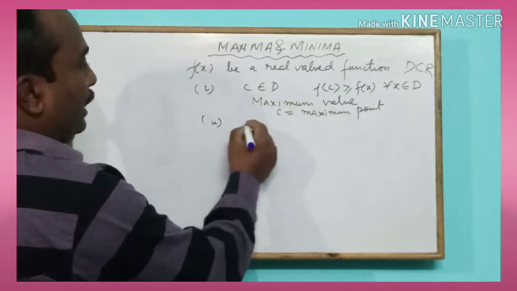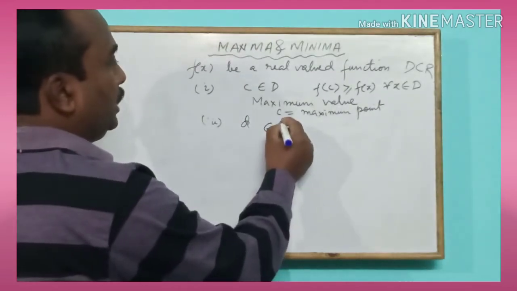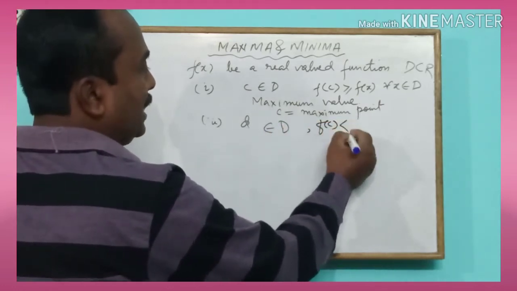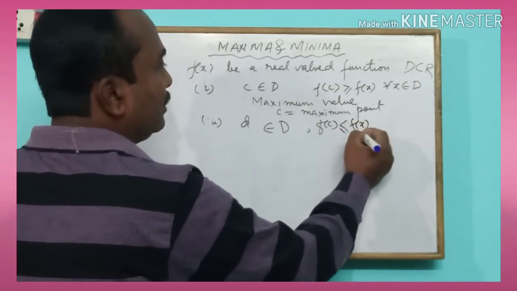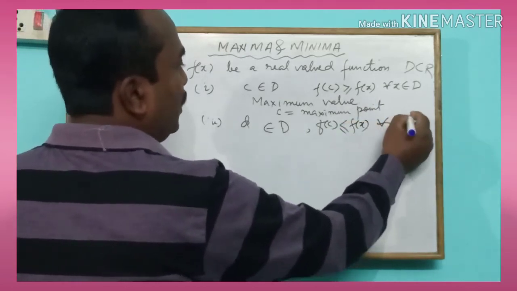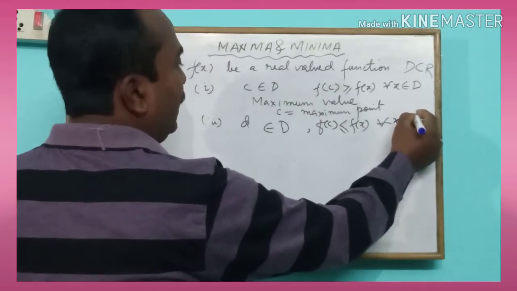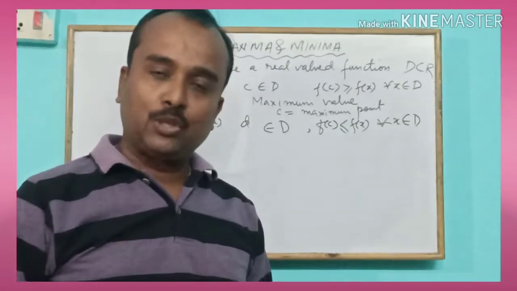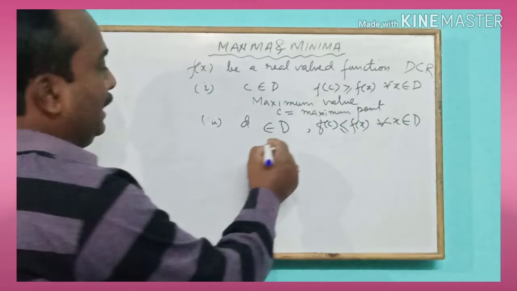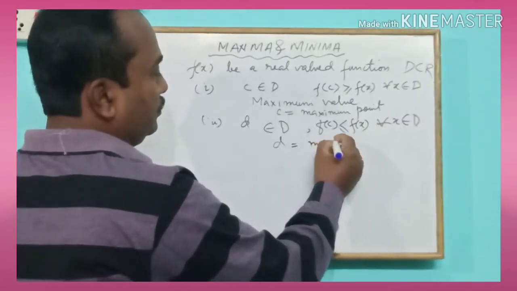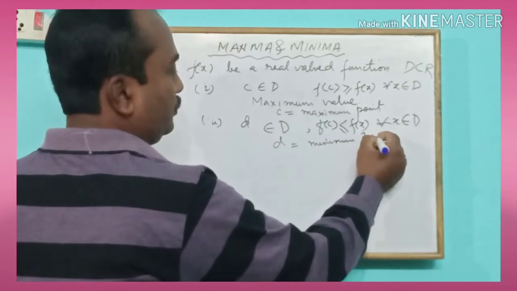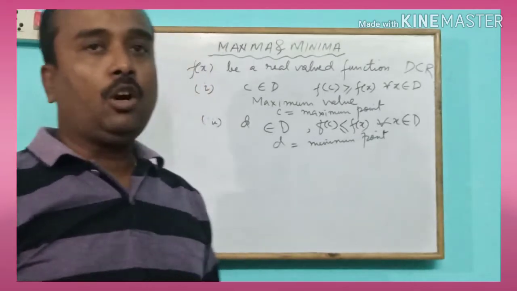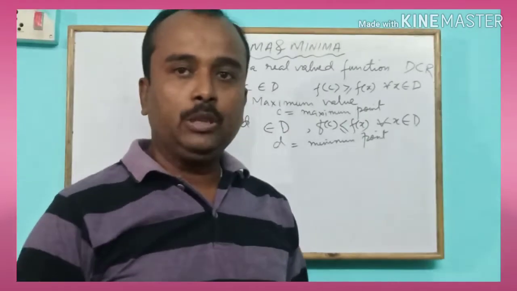That is, if we get a point D belonging to the domain of the function, and if f(D) is less than or equal to f(x) for all x belongs to D, then it is known as the absolute minimum, and D is known as the minimum point. So this was the definition of absolute maximum and absolute minimum.